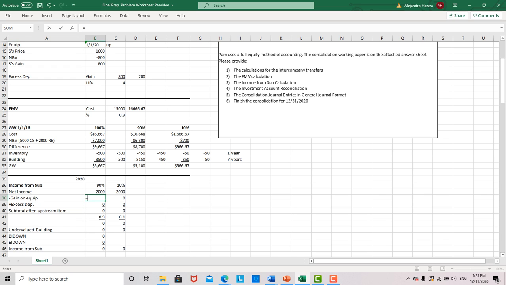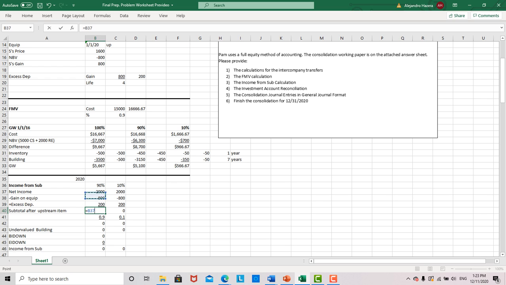Okay, so we know that the gain on this was 800,000, so we're going to have to back that out, and we're going to have to add back the excess depreciation, which is equal to 200. That's equal to 200 here. Okay, so since these are upstream, you have to start with the income, net out the upstream items. Even if they had been inventory, you take the adjustments here if they're upstream. It doesn't matter what it is, but you have to take them before the percentages.